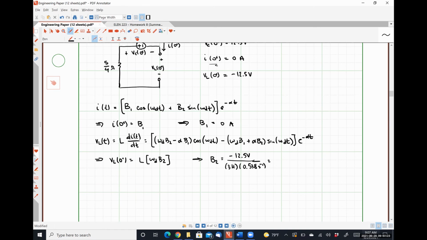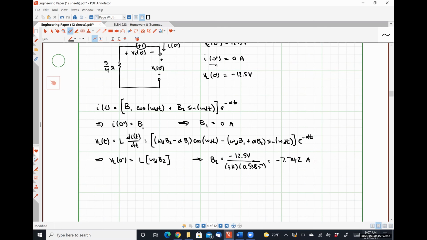So that's going to be negative 12.5 divided by 3 times the variable that I've stored as x, negative 7.742 amps.